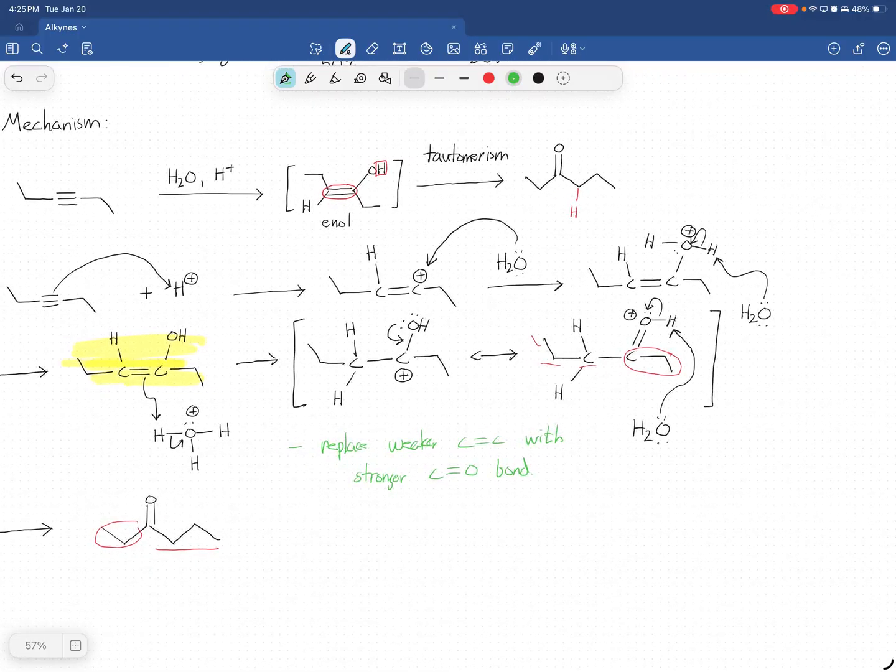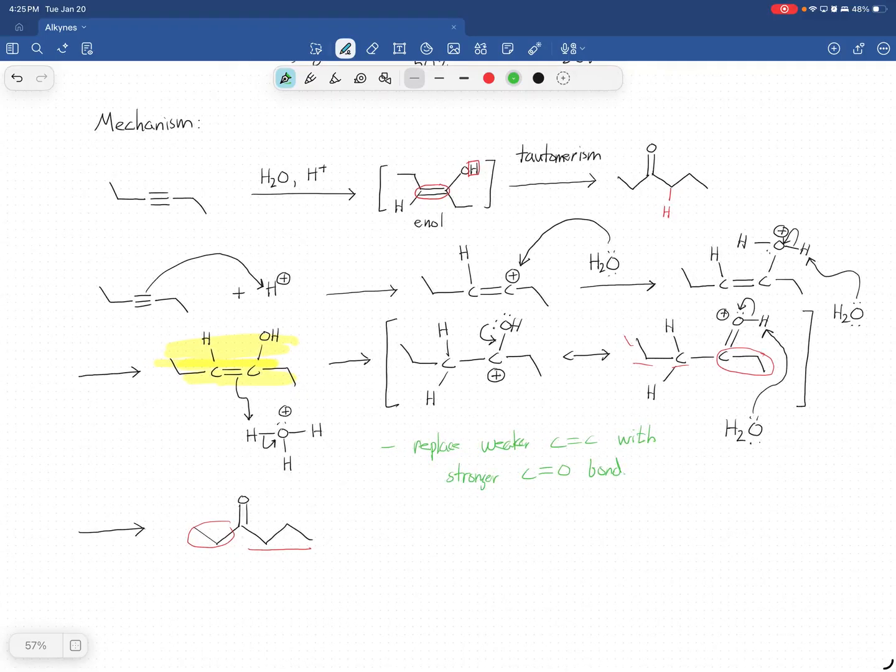For this reaction, make sure you can work through the steps. Practice drawing out this mechanism and convince yourself that this is how this reaction works. The key thing in here is that this structure is an unstable intermediate. It's unstable and it wants to replace some bonds. That's why it goes the way it does.